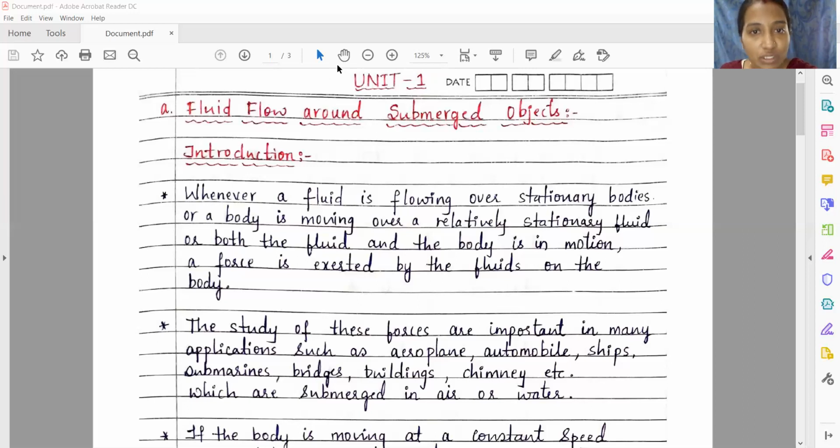The pressure acts perpendicular to the body but parallel to the direction of motion, and in the same way the shear force is parallel to the body but perpendicular to the direction of motion.